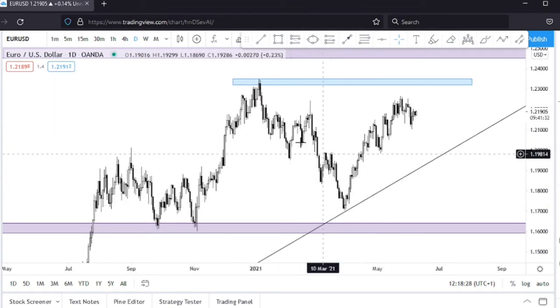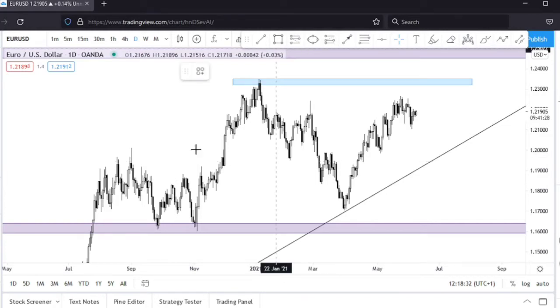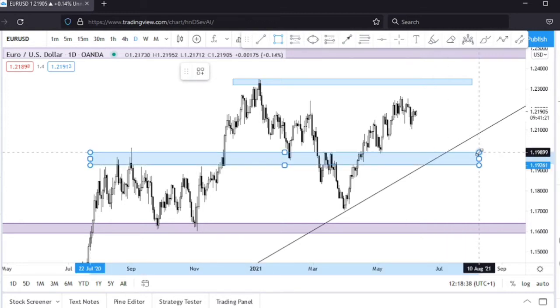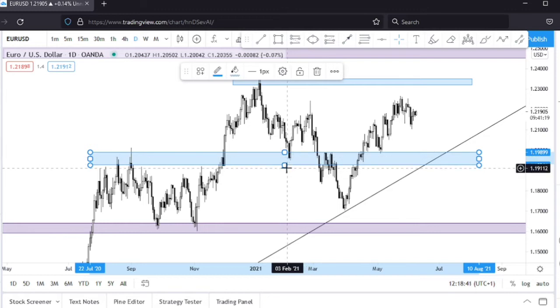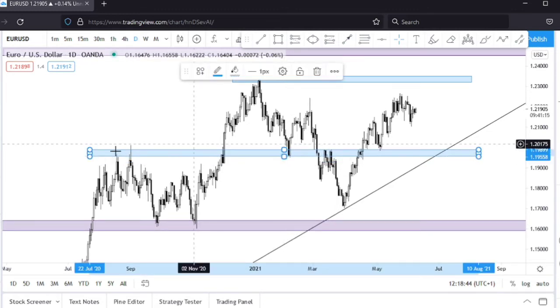Then we have another level over here as well, a support level down here. Price has reacted to this level several times.